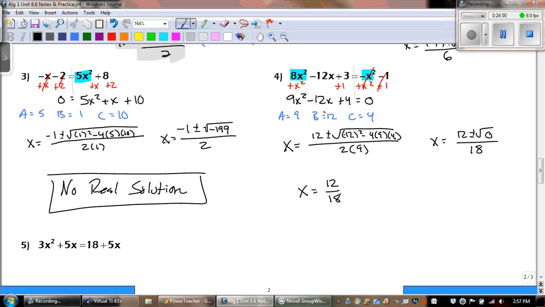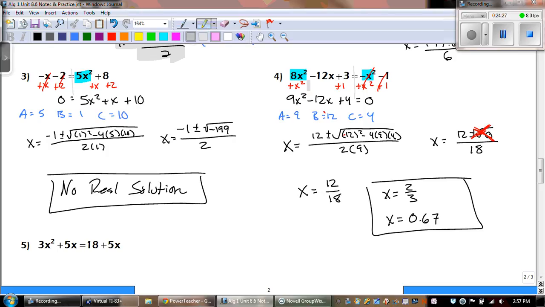And there's only going to be one answer because there's no plus or minus, because plus or minus 0, it's the same thing. It doesn't matter. Okay? Now, you can do one of two things. You can reduce your fraction, and you get that x equals 2 over 3, or you can get the decimal, and it would be 0.67. Okay? Those are both saying the same thing. Okay?